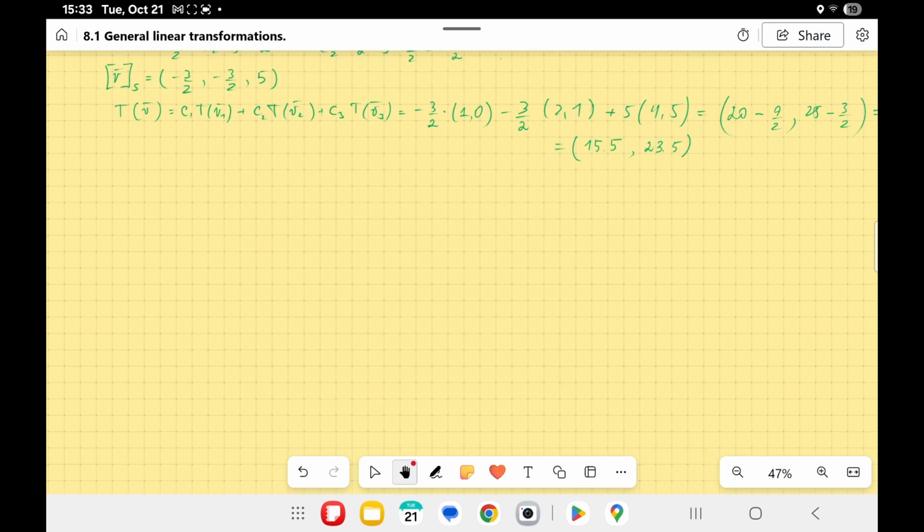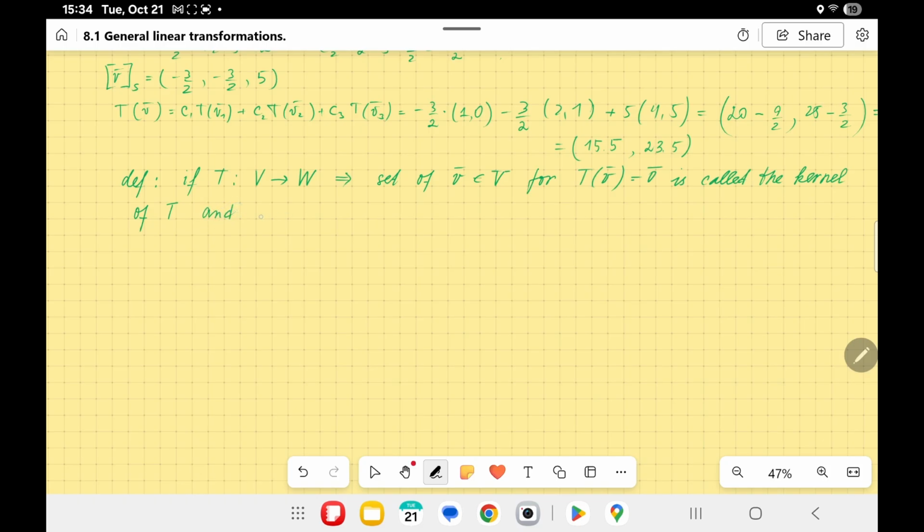Okay, guys, some more definitions. If T is a linear transformation from space V to space W, then the set of vectors which belong to the original vector space V, for which T of v equals 0, is called the kernel of T and denoted by ker of T. Let me visualize it a little bit.